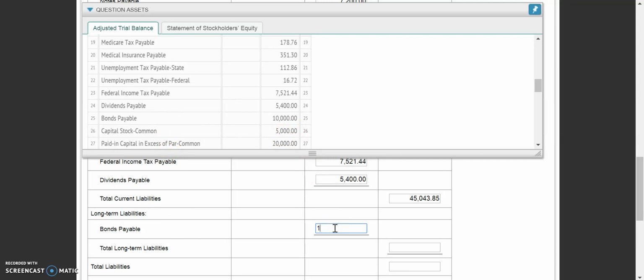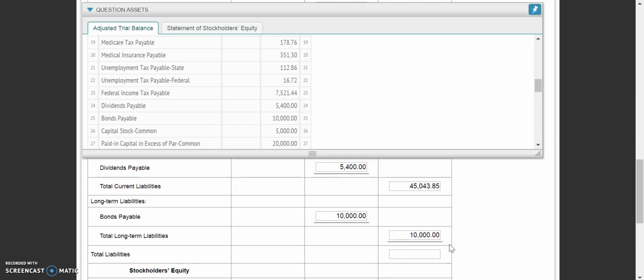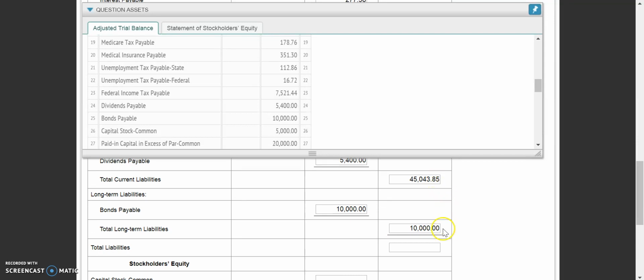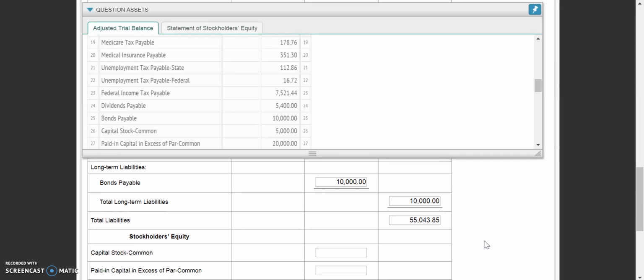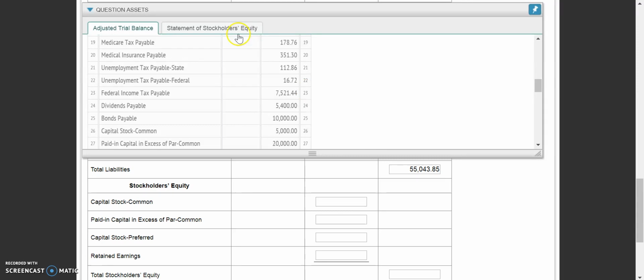So we plug $10,000 in for our long-term liability, which means our total long-term liability is $10,000. So to find our total liabilities, we take current plus long-term, and that's going to give us $55,043.85.